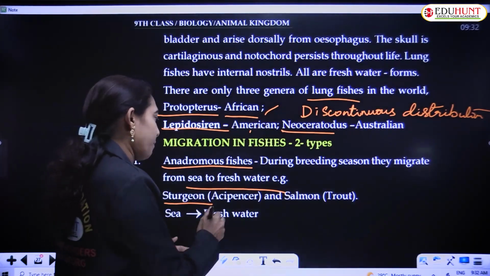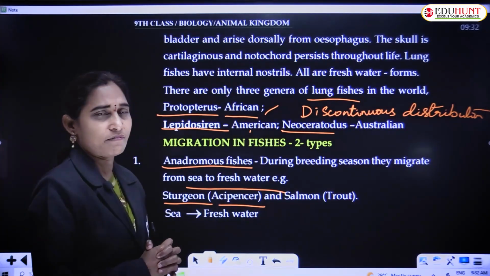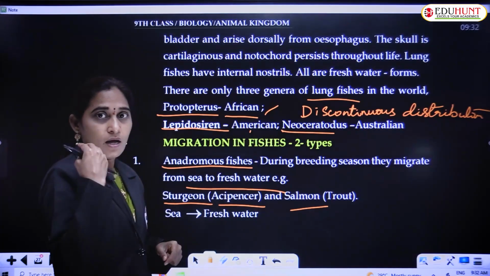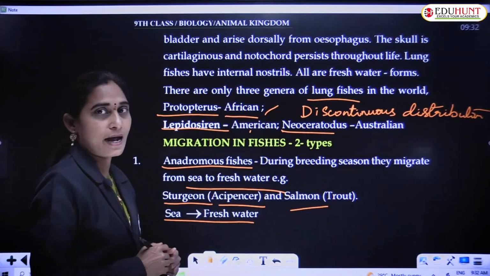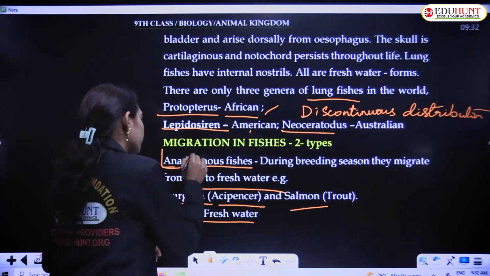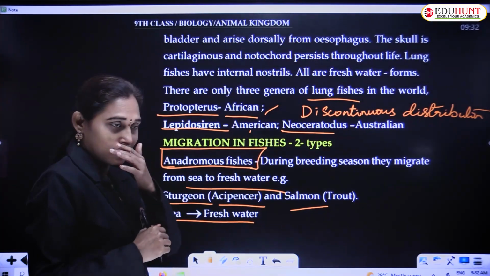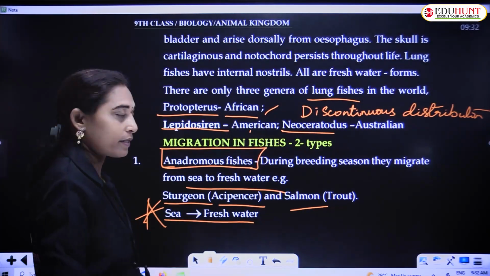Sturgeon fish, Acipenser, and even trout and salmon also migrate from marine water to freshwater. This kind of migration is called anadromous migration: sea to freshwater migration.